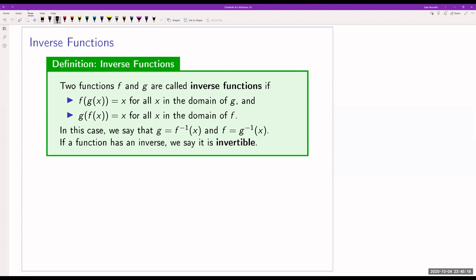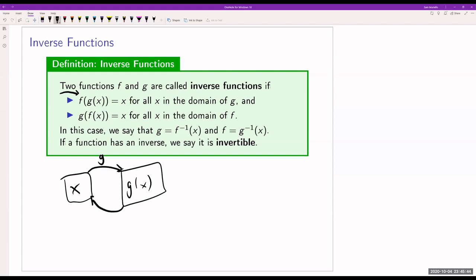So the idea of an inverse function is that we would like to have a function that undoes what another function has done. So for example, if I take f of g of x, I start with x, I go through g to get to g of x, f is going to undo what g has done.